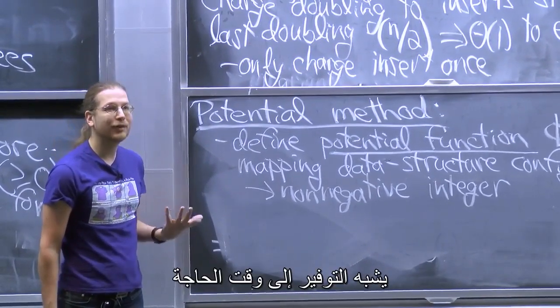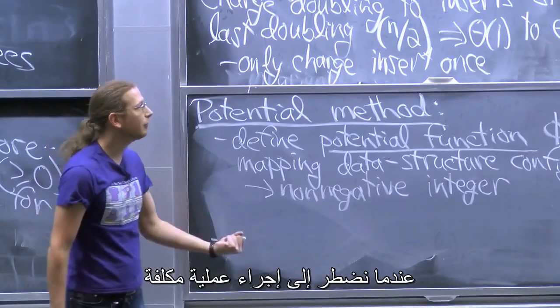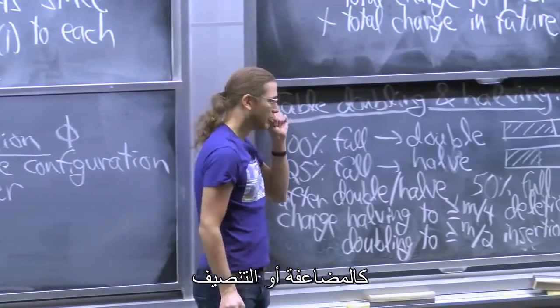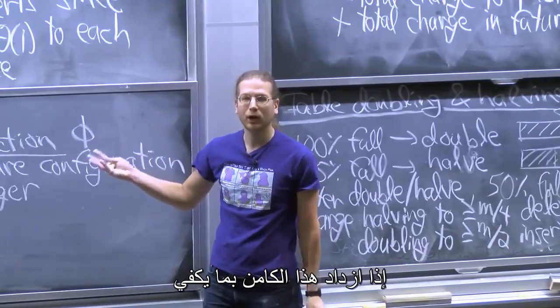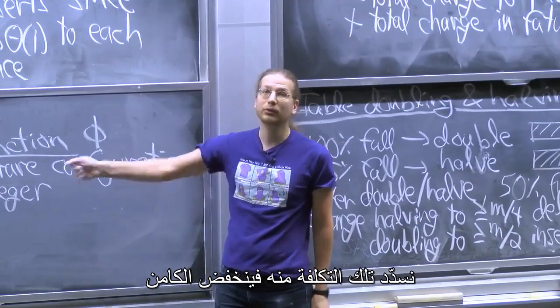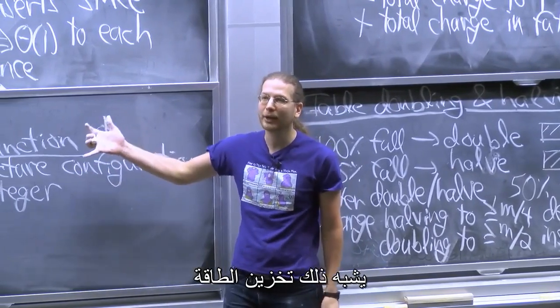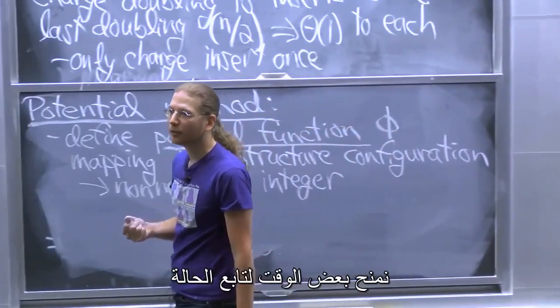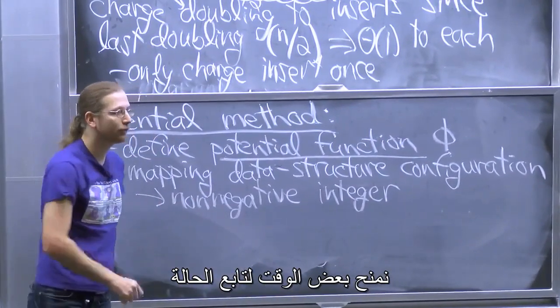It's, again, like saving up for a rainy day. We want that whenever we have to do an expensive operation, like a double or a halve, this potential has grown large enough that we can charge that cost to a decrease in the potential. So it's like this is storing up energy, and whenever we have some free time, we'll give some of that time to the potential function.